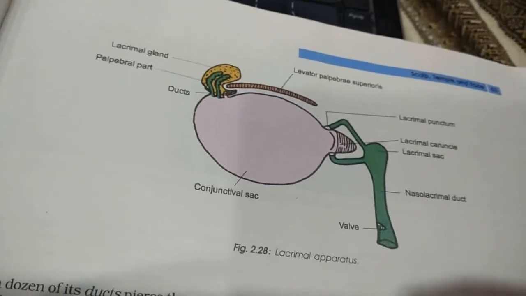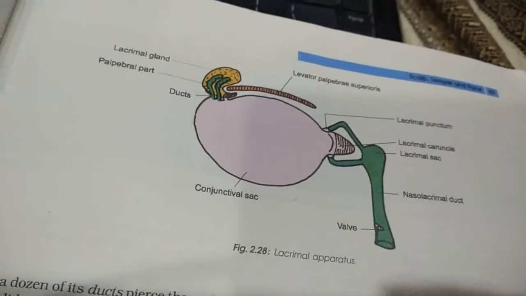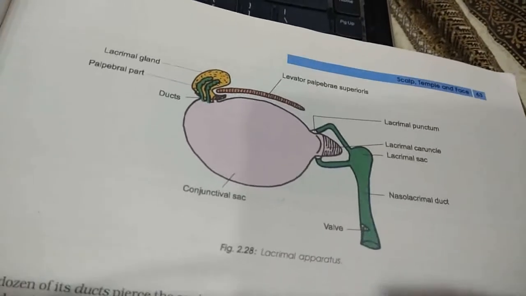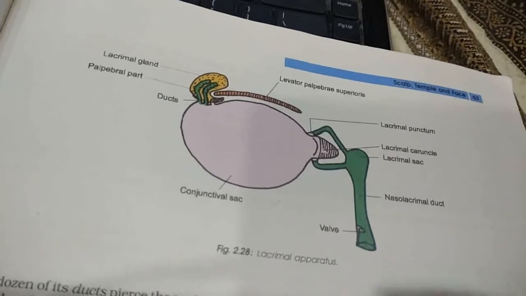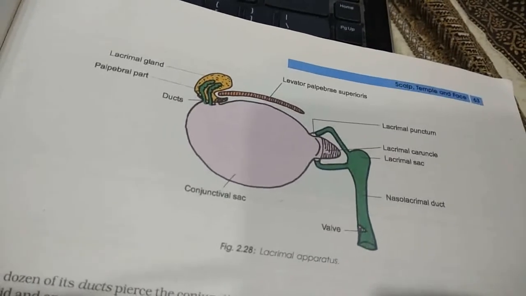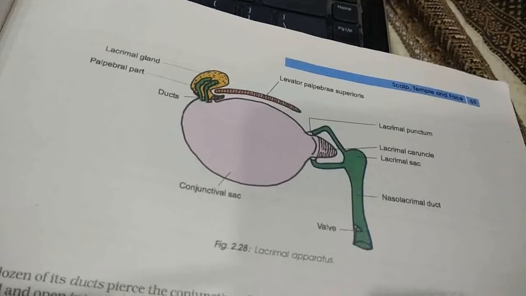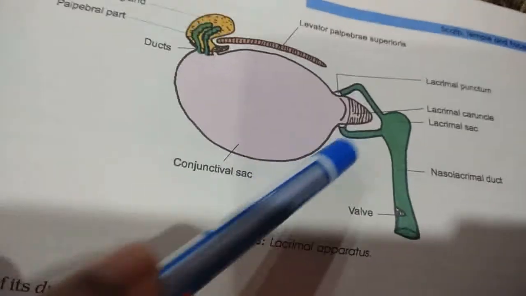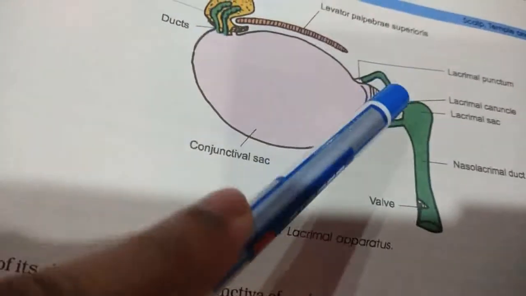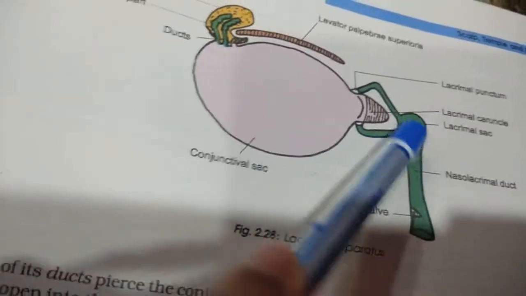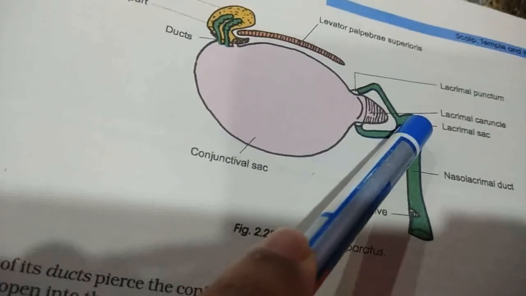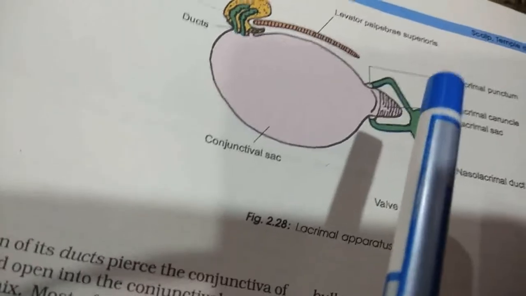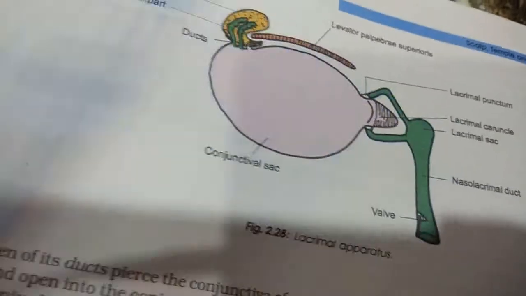The medial palpebral ligament lies anteriorly, and they open onto the lacrimal sac.